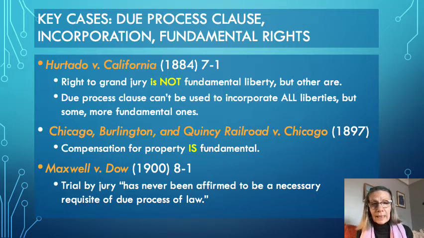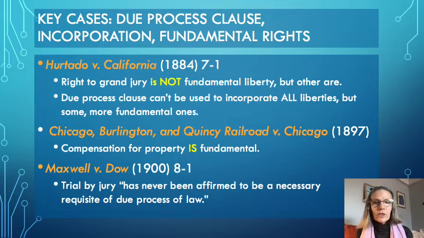They basically said that the due process clause can't be used to incorporate all of the liberties in the Bill of Rights, but some of the liberties, particularly those liberties that are fundamental to living in a democratic society. And from their perspective, we could still live in a just society and a democracy without the right to a grand jury. And so they said, nope, not going to incorporate the right to a grand jury, but we're still going to leave the door open for others.